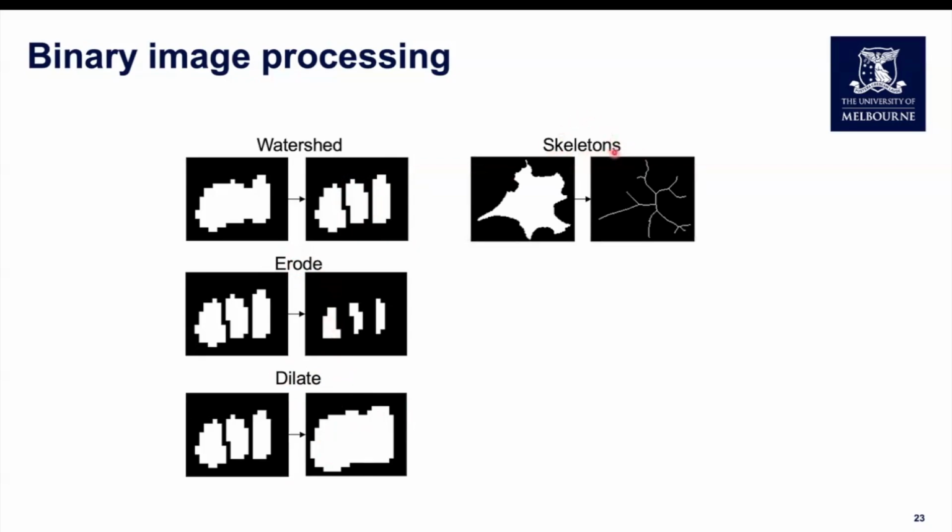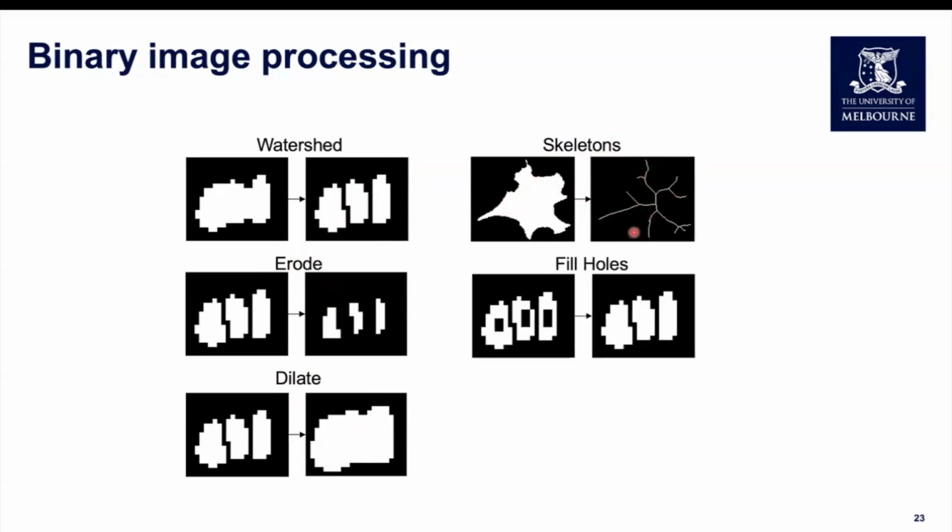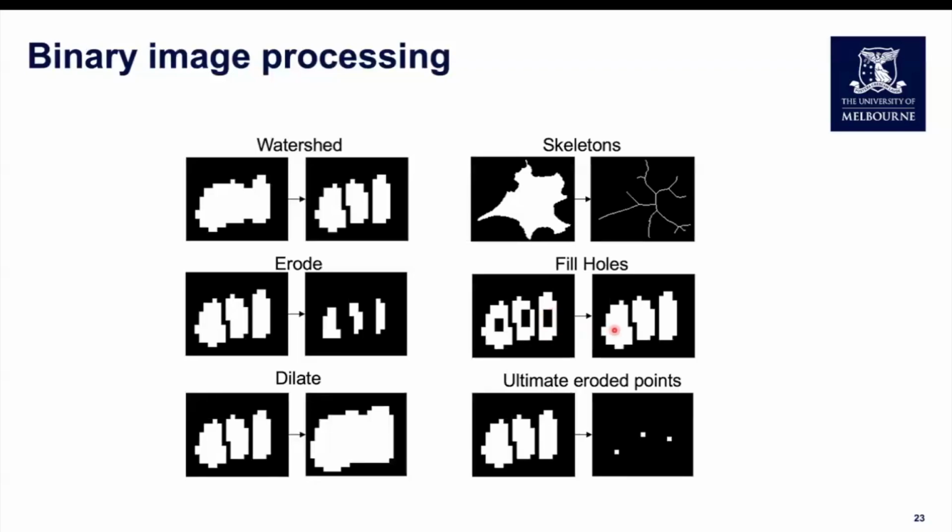We can skeletonize, so again, bring this down to a very, very simple model of cell shape. If our binary mask has holes in the middle of it, we can use the fill holes function to fill that in. And I think I already showed this. We can also use ultimate eroded point. So if you keep eroding until you find the final pixel, that in theory is the center point of your object.